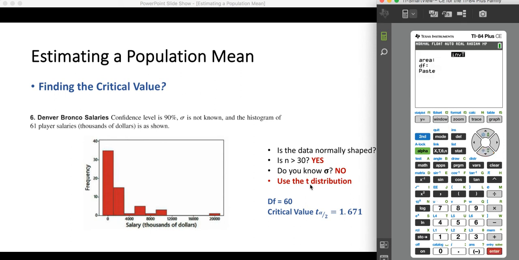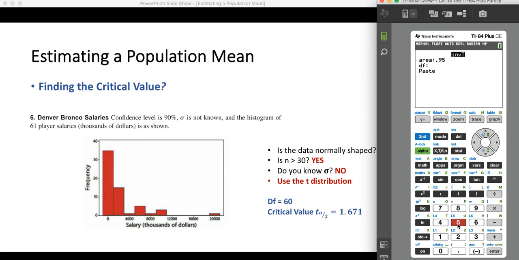Since we want a confidence level of 90%, remember the left and right tails together are going to be 10%. So we're going to find the value of t that has the 90% in the middle plus that extra 5% in the left tail. You remember that from the screencast I made for the normal distribution. So this area is going to be 0.95.